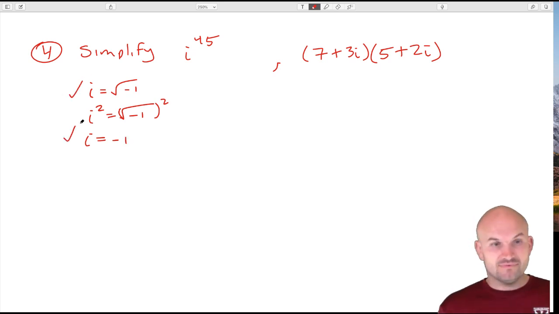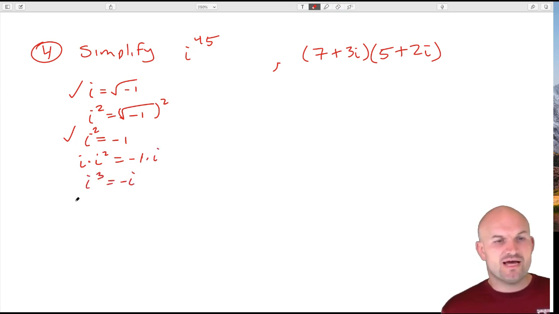Okay, now that's i squared. If we were to multiply by i on both sides now, then we would get -1 times i. So therefore, i cubed is equal to -i.